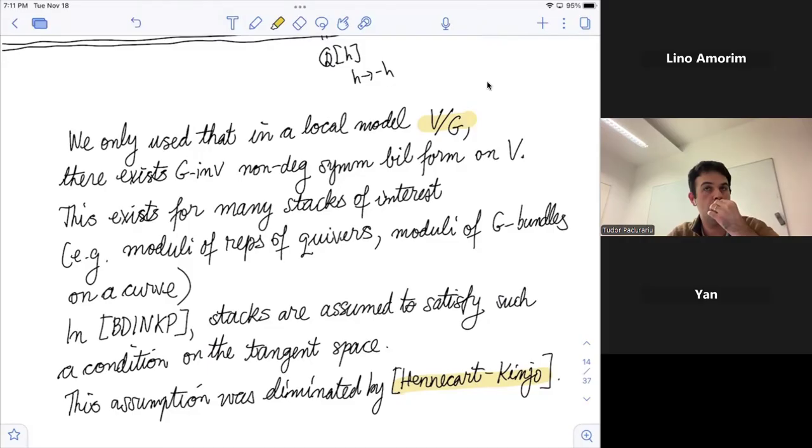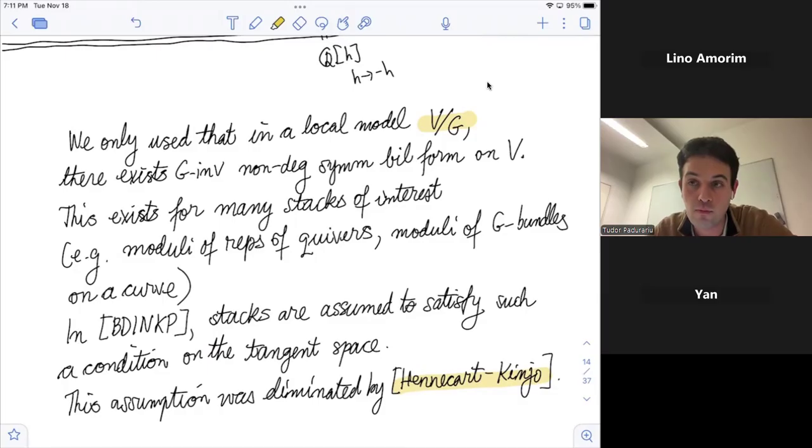No, I think usually what happens is they are either 0, the trivial BPS sheaf, or they are IC sheaves. This is the dichotomy in this case. They may be 0 when there are no strictly stable objects. So this also appears for quivers in this case.